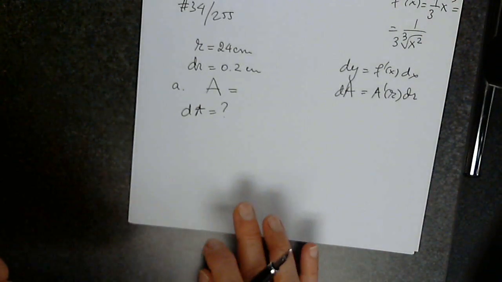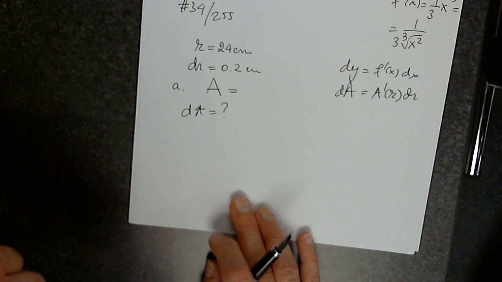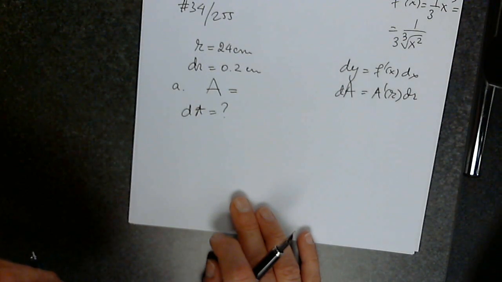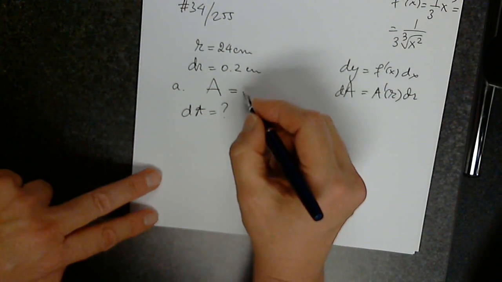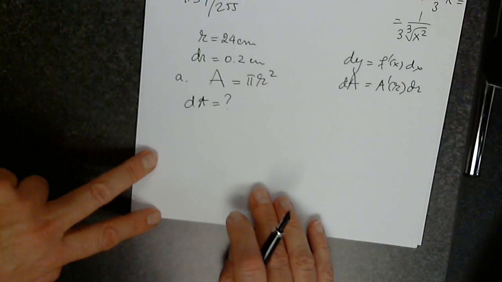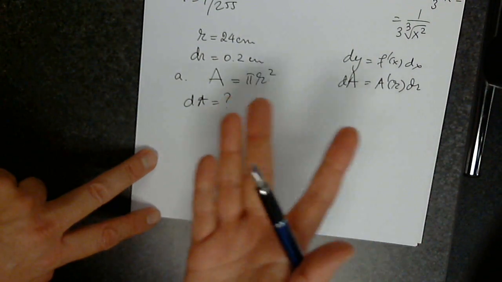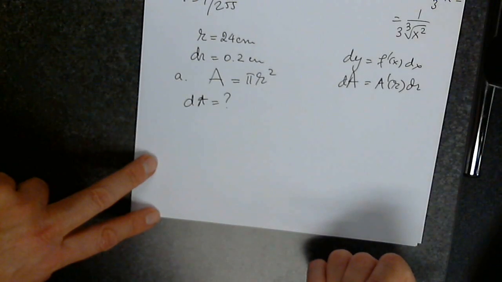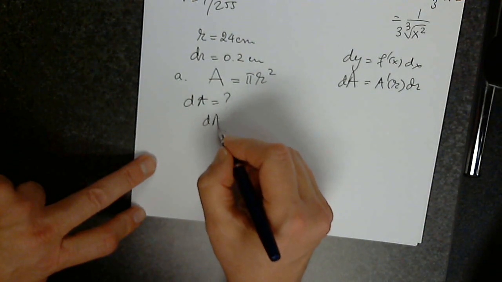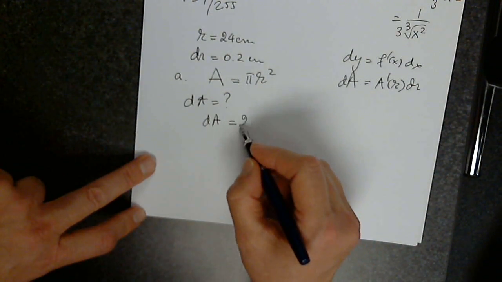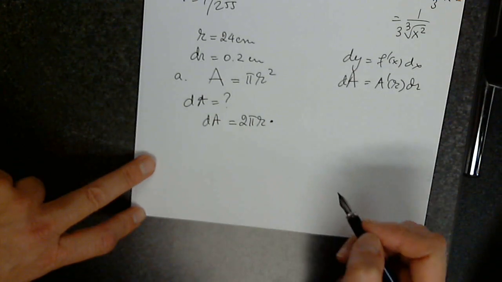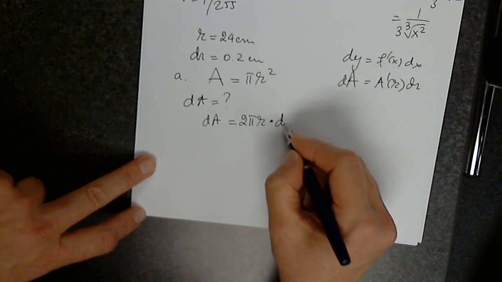So the area for the disk is pi r squared. Now let's find its differential. dA equals 2 pi r dr.